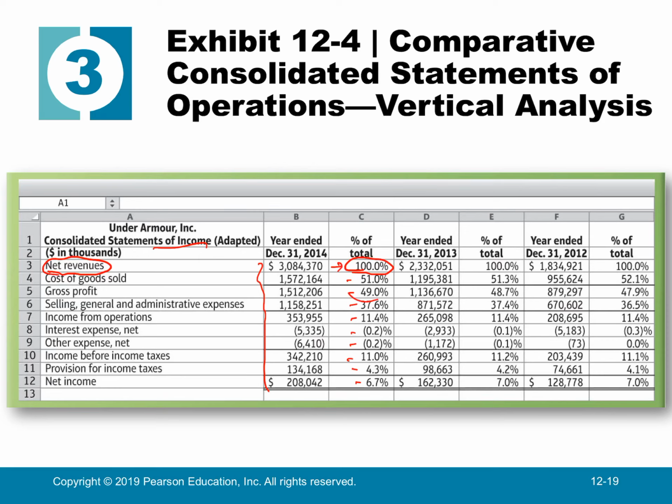So the way this 49% got calculated is I took this number, 1512206, and divided by my base number, and my base number again is net revenues when I do the income statement, 3084370. That gave me 49%. And I do that everywhere else for each year.